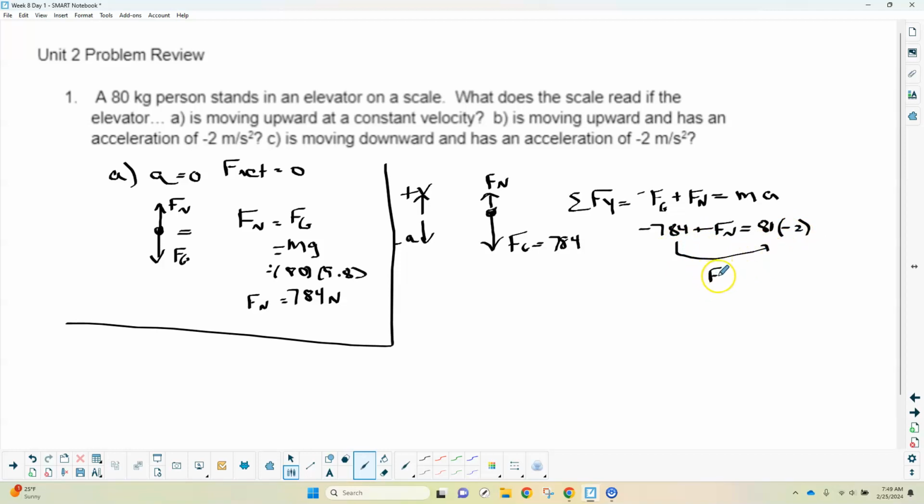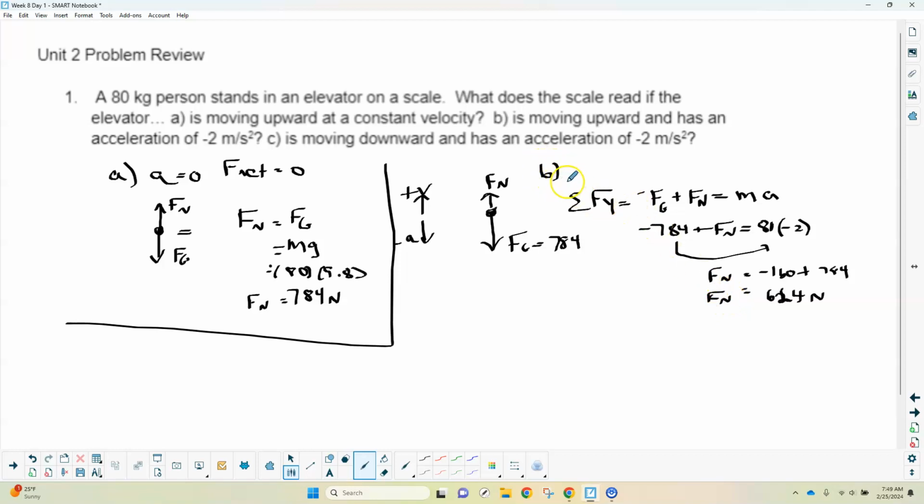So the normal force is equal to -160 plus the 784. If I subtract 160 from 784, I'm left with 624. It's supposed to be a 2, sorry about that. That looks a little better. 624 newtons, that is the scale reading, or the normal force, in part B.